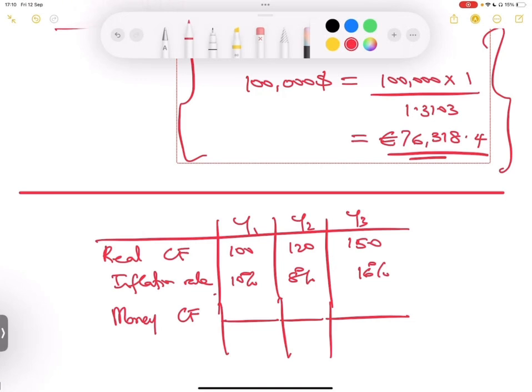Year one should be straightforward. Everybody should give me the money cash flow for year one immediately. That should be like a chorus answer.